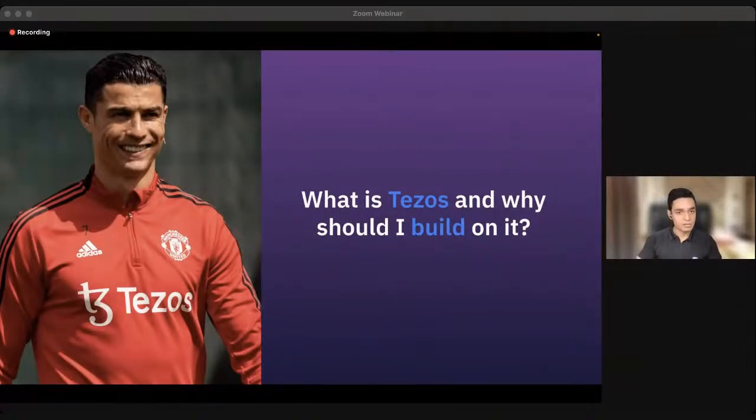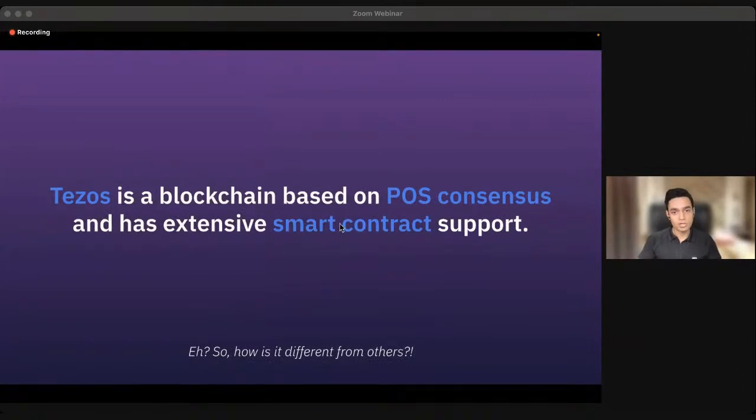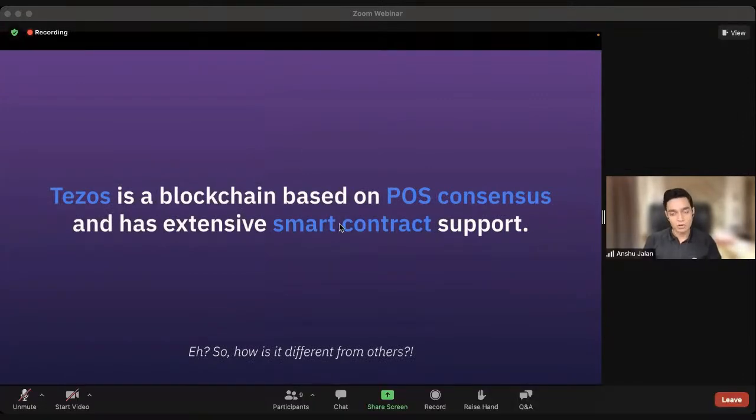Well, for starters, Tezos is a blockchain that is based on POS or proof of stake consensus, and it has extensive smart contract support. Now you might ask, how is this different from so many other blockchains around the world? There might be at least 6 blockchains in this hackathon itself that are based on POS consensus and also have smart contract support. Then why should you choose Tezos instead of them?